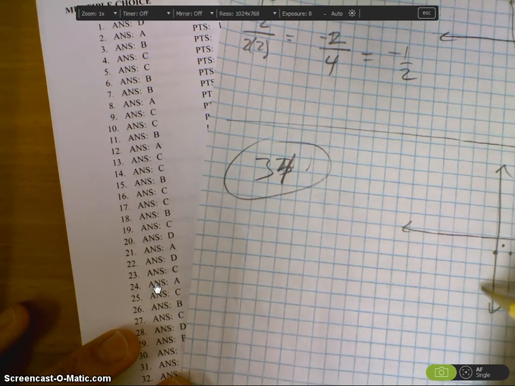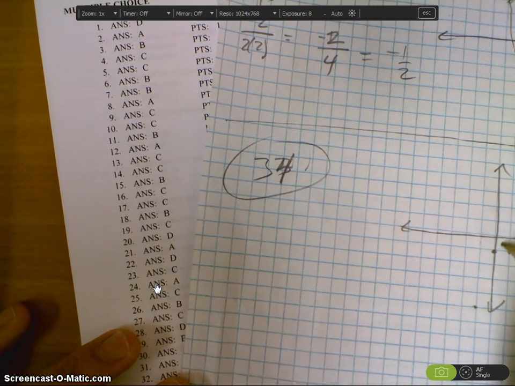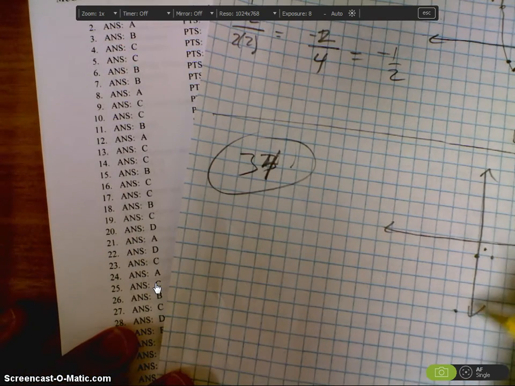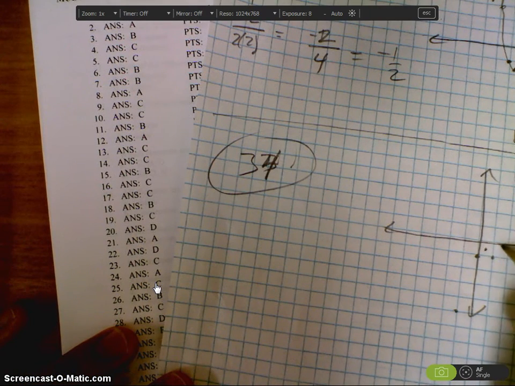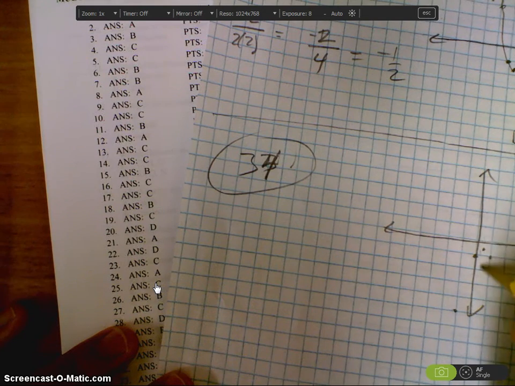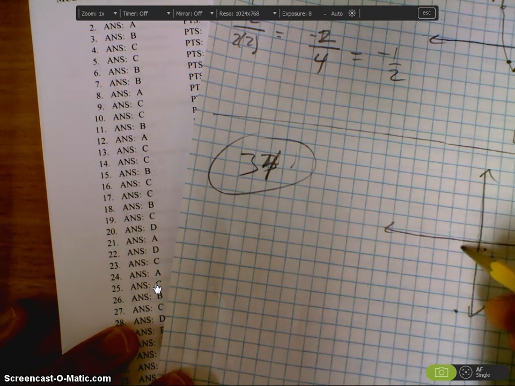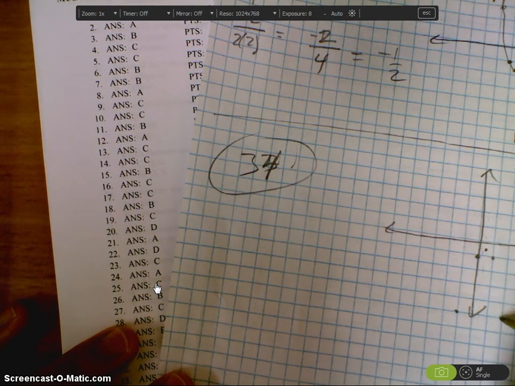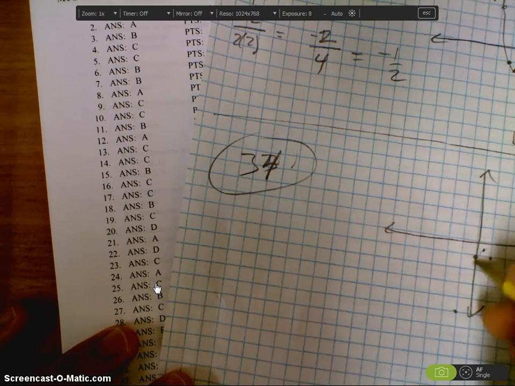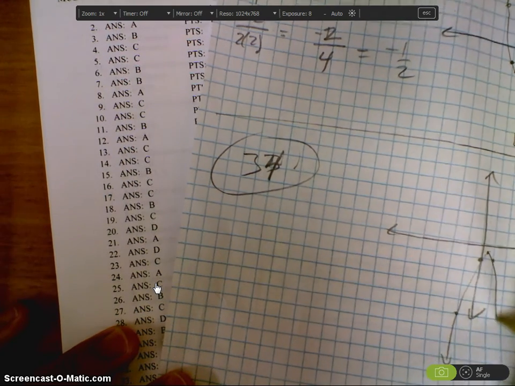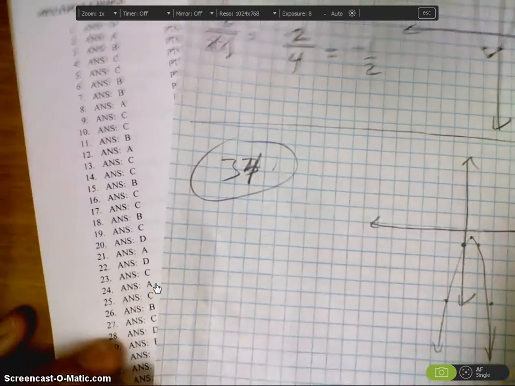So 1, 2, 3, 4, 5. And again, how far am I away from this line? Remember, this is a line of symmetry. So I'm a half, and then 1 full away, half, and then 1 full away, right there. And graph your line.